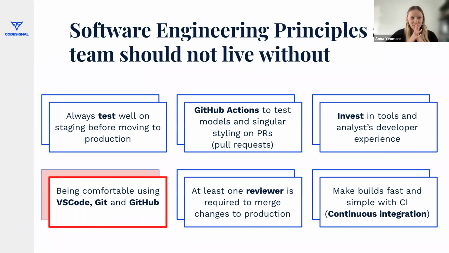I would say the most core software engineering principle is using Git, and that's what software engineers use every day. For example, my terminal is always open. So what is Git? It is a version control system that essentially allows us to save and review changes at a completely new level.